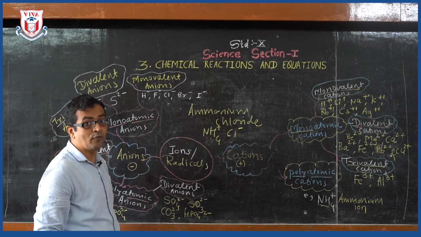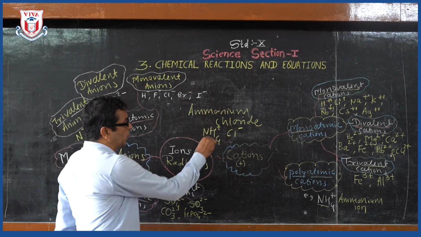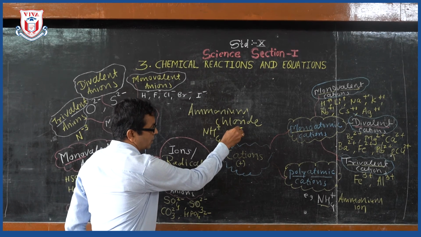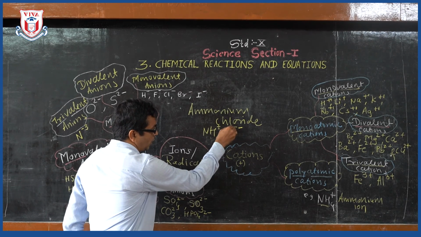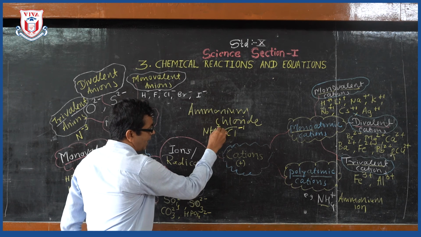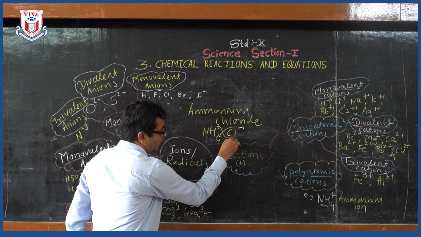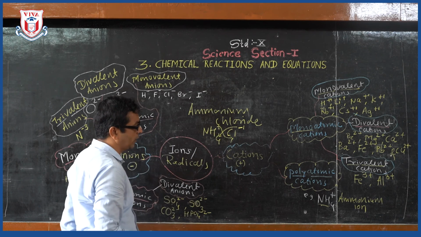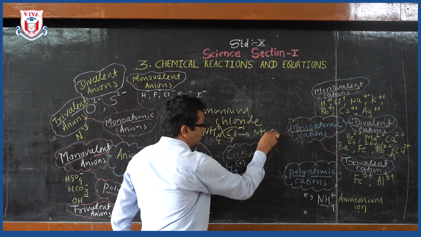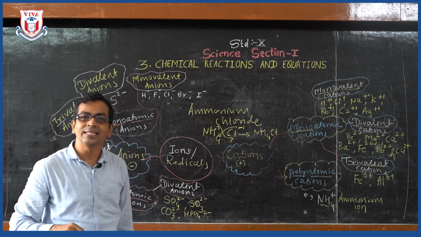Now when you write a formula, you have to write the valency at the base, in a cross, like this: -1 will come here and +1 will go at the base of chlorine. So the formula will become NH4Cl. So now it's very easy.